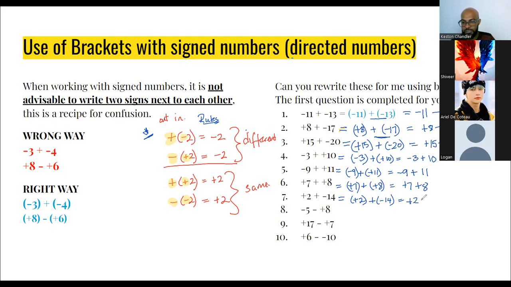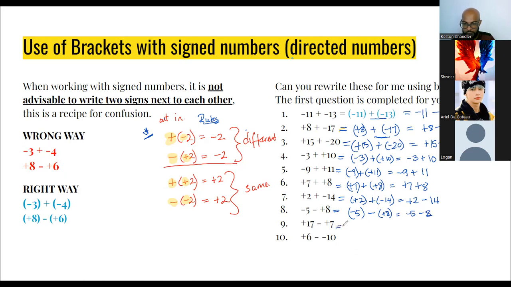A plus and a minus here, that's going to give me a minus based on the rules, and that's going to be 14. Right, next we have -5. And we have negative, but it's in our bracket. This is in a +8. -5. So a minus and a plus based on the rules here is going to give me a minus. Okay, 8, sorry.